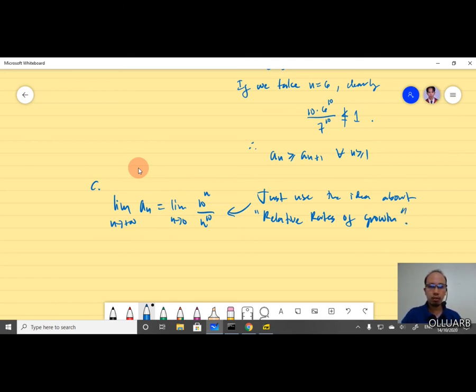I don't know if you remember it, about f of x grows faster than g of x, or g of x grows more slowly than f of x. That's in the previous topic, lesson number 5.